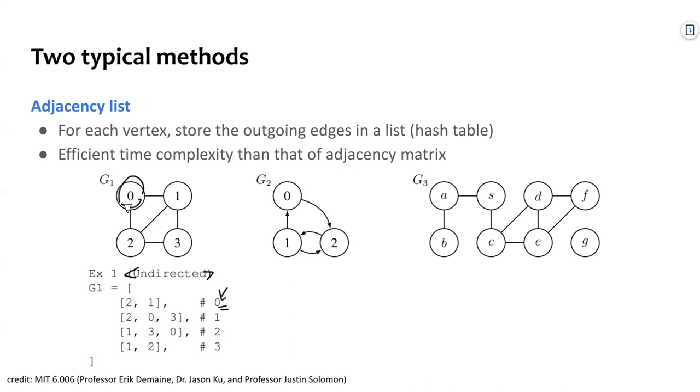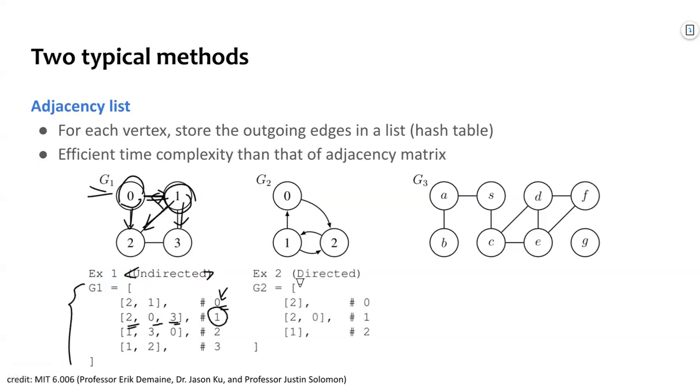So from vertex 0, we are connected to node 2 and node 1. And let's talk about this one. In the case of vertex 1, we have 3 nodes connected. So it is connected to 3, connected to 0. So we are writing down the nodes that are connected to node 1. So this is how we represent this G1 with this adjacency list.